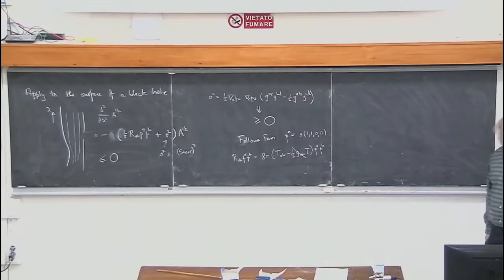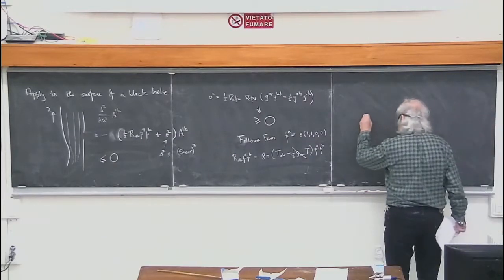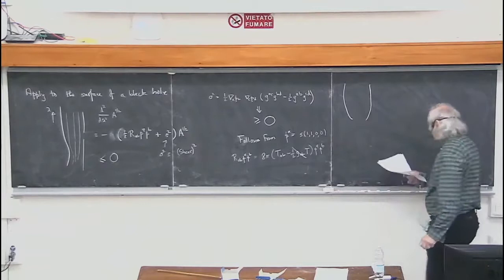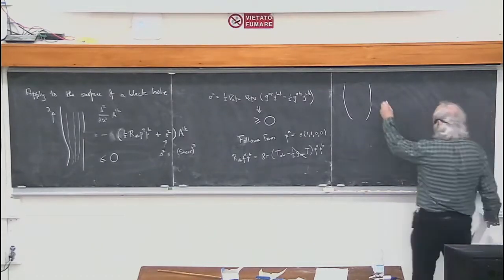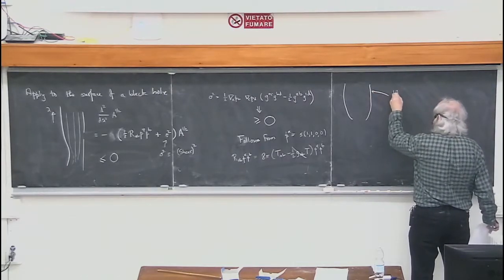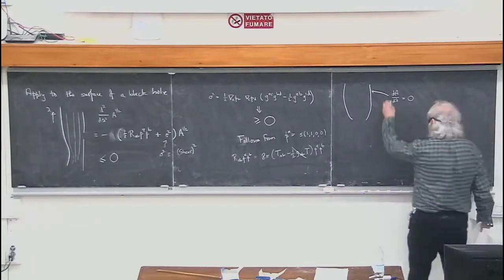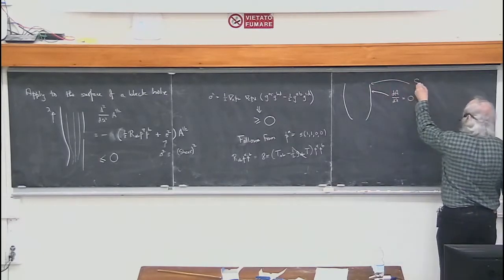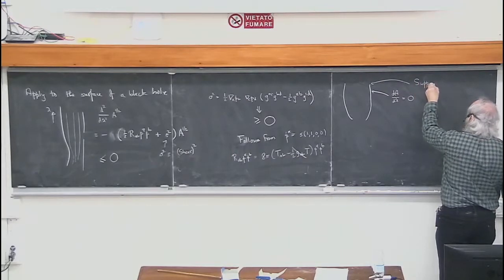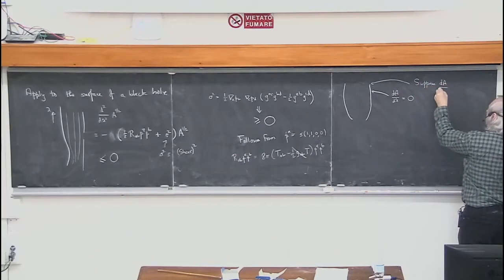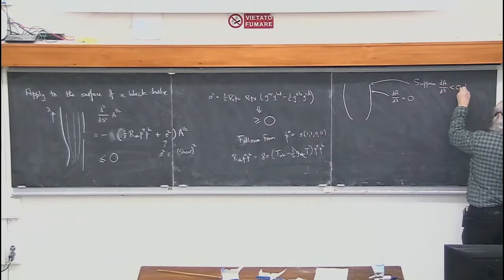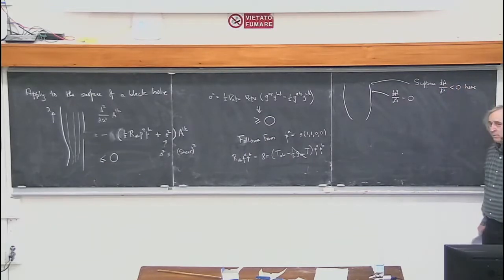Let's suppose that we have a bit of horizon here that is doing something like that, and let's suppose that here dA by d lambda is 0. Now, let's suppose that dA d lambda becomes negative somewhere. What will happen?